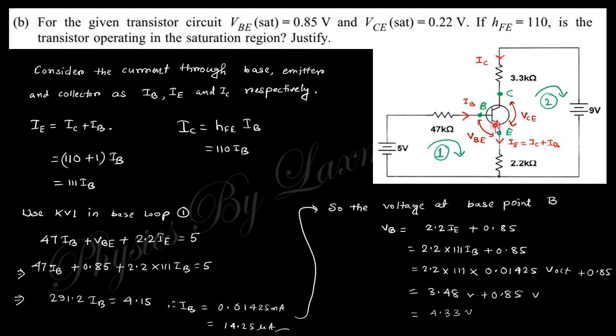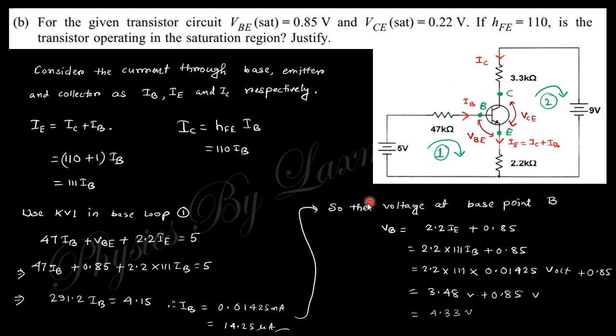You need to justify this. In saturation the base emitter junction is forward biased, and the base collector junction is also forward biased. This is an NPN transistor, so this is positive and this is negative, so this is forward bias, no problem. Whether this is forward or not, you need to find the voltage at point C and point B.